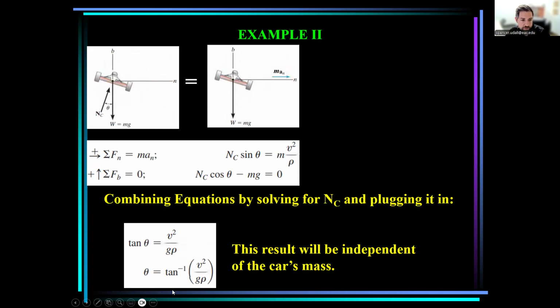Solving that for theta, you end up with the arctangent of v squared over g times rho.